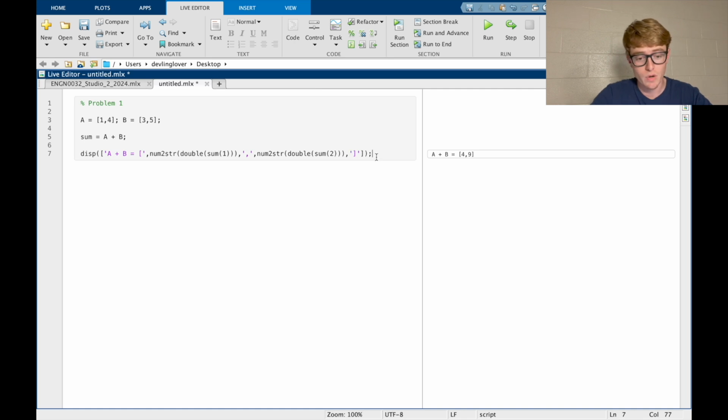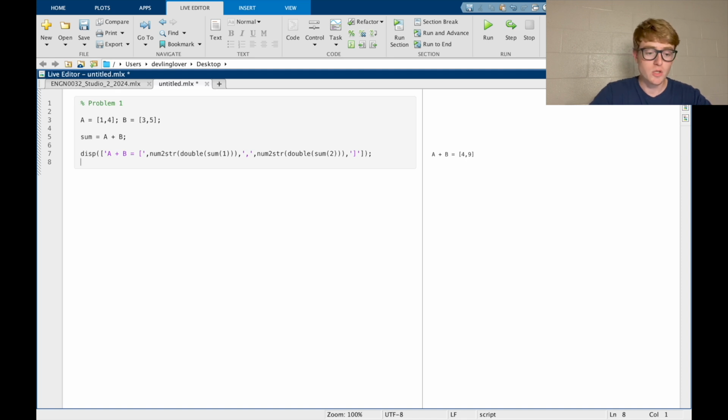I can have the commas separated. Whatever you want to do is basically my point here. So you can make this as complicated or as simple as you want, but the disp function basically lets you customize very precisely how your output looks. And you can kind of see how I'm doing that. I'm just passing in the characters that I want, and it'll format it for me and pop out in the output.